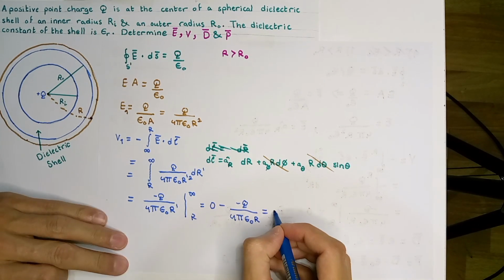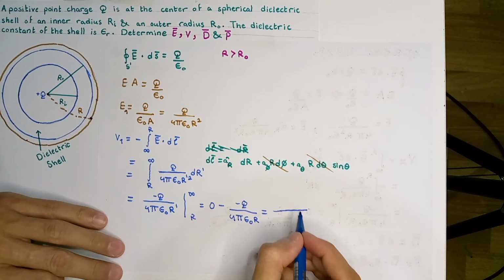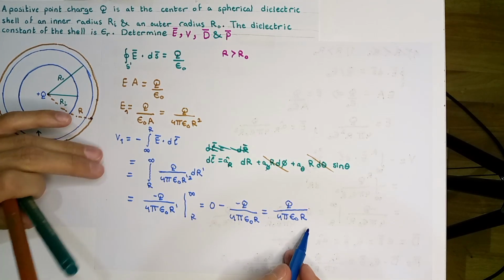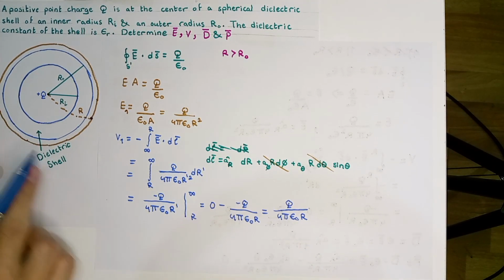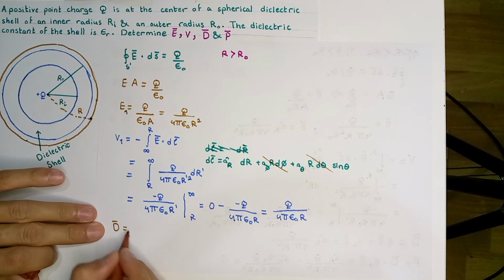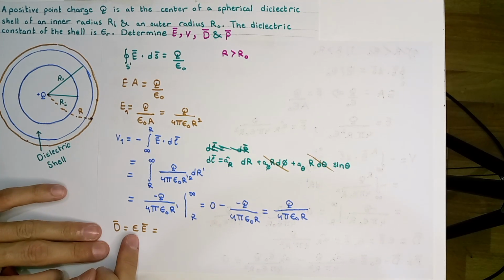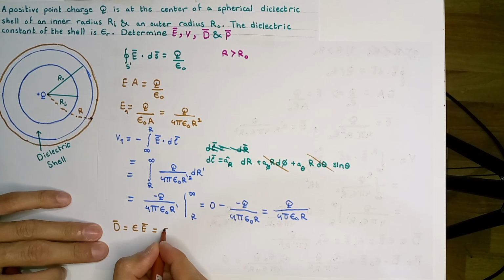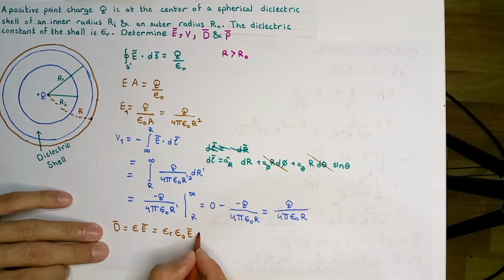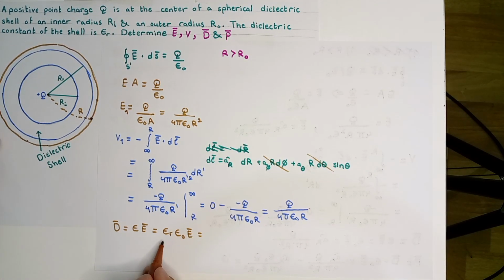At the end we will have this result, and this is the electric potential in this region, V1, equal to Q over 4 pi epsilon r. Now let's calculate the electric displacement. The absolute permittivity is equal to the relative permittivity times the permittivity of free space, epsilon sub 0, and the relative permittivity of free space or vacuum is equal to 1.